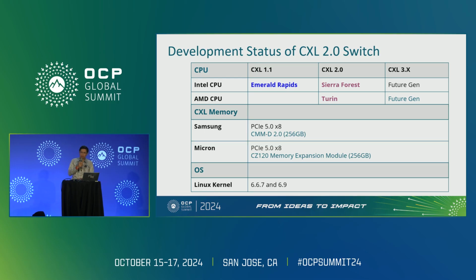We have been developing this system for over 2 years, and we have built two different versions, 1.1 and 2.0. In 1.1 we use ML Rapids, and of course the switch simulates an end device for the EMR servers. Then we reached a very key milestone to develop CXL 2.0: we have successfully built up the virtual CXL tree for the host.